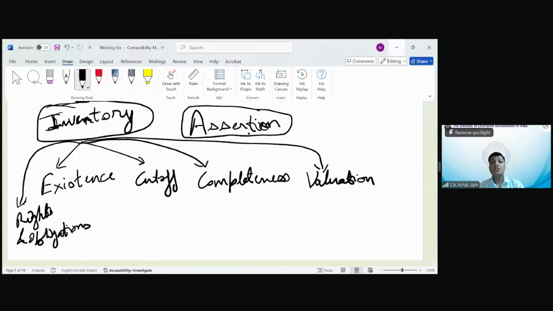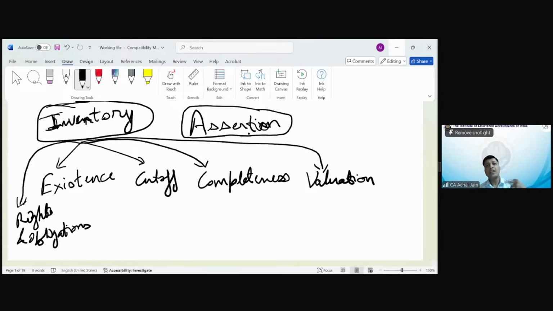So now, let's suppose you are concerned about the existence of the inventory. That is when you will look at the procedures to address your concern. To say that I'll check the inventory physically, I'll do the physical count. What does it mean? Will you do that because it is required to be done?